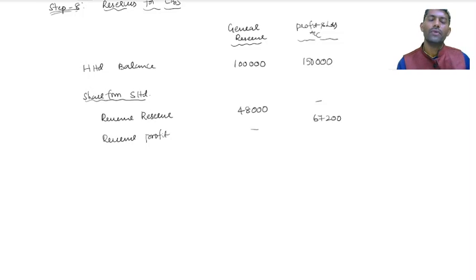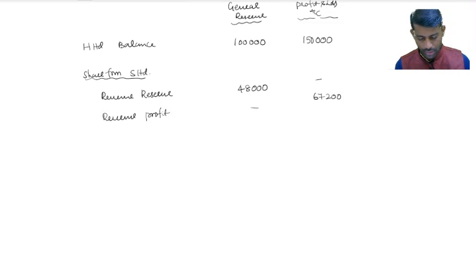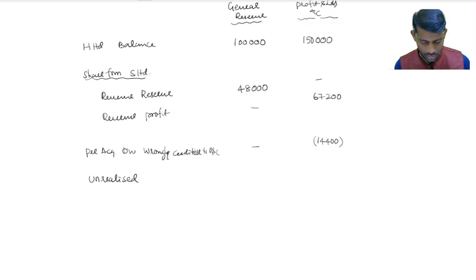Now further, if any errors or adjustments are there, we have to deal with them. Here we have pre-acquisition dividend wrongly credited to P&L, which is 14,400, and unrealized profit, which is 4,000 URP.